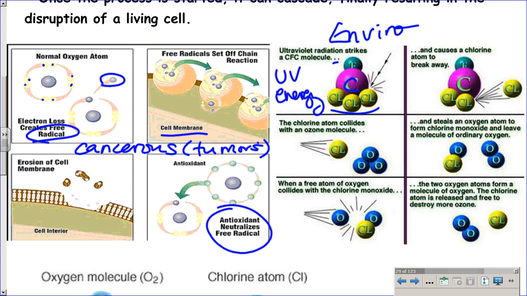So we really try to limit our CFCs that go into the atmosphere. Anyway, UV is naturally going to hit those whenever they are in the atmosphere. That breaks off one of the chlorines, and that chlorine is then going to essentially attack an ozone molecule in the upper atmosphere. That's bad because now we've lost our ozone layer, creating an ozone hole, because one little chlorine went and reacted with it.